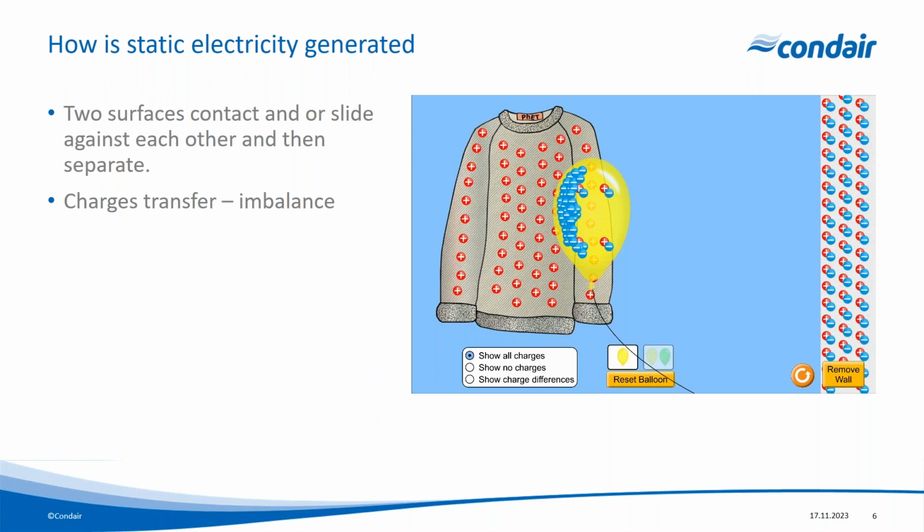And which material loses electrons and which gains electrons will depend on the nature of the two materials. The material that loses electrons becomes positively charged, while the material that gains electrons is negatively charged.